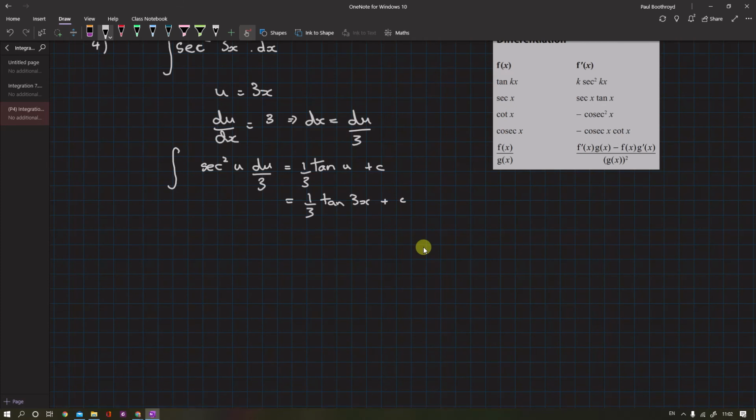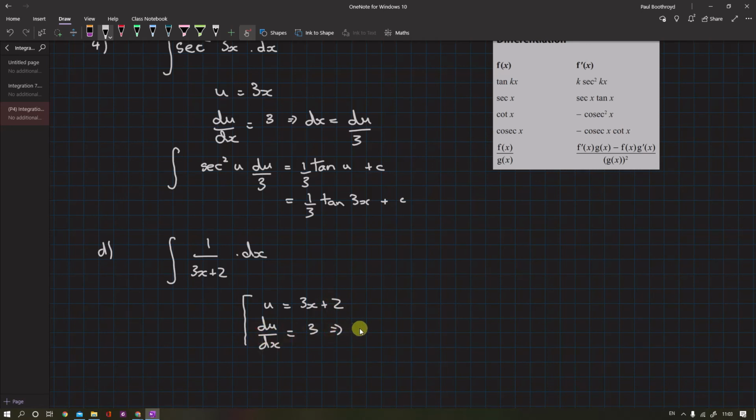Let's do a couple of fairly simple polynomial ones. If I do the integral of 1 over 3x plus 2 with respect to x. I don't like that thing on the bottom. This is actually one of the standard ones. They go on about with logs. And we do u equals 3x plus 2, du dx becomes 3, so dx is du over 3.